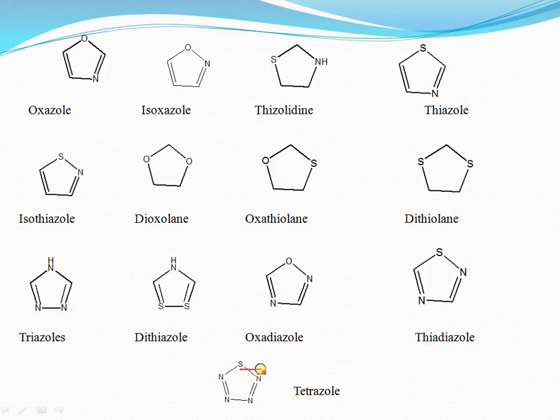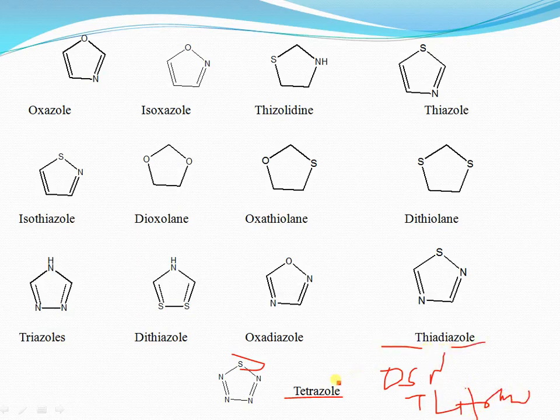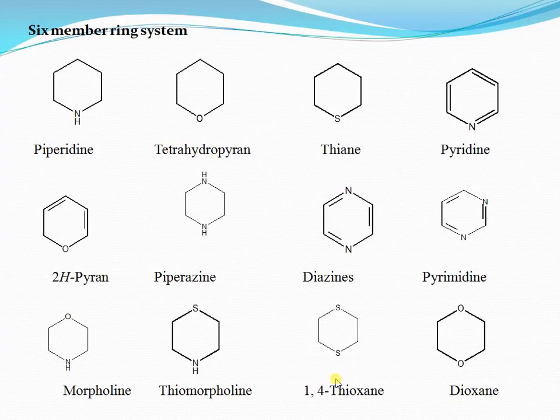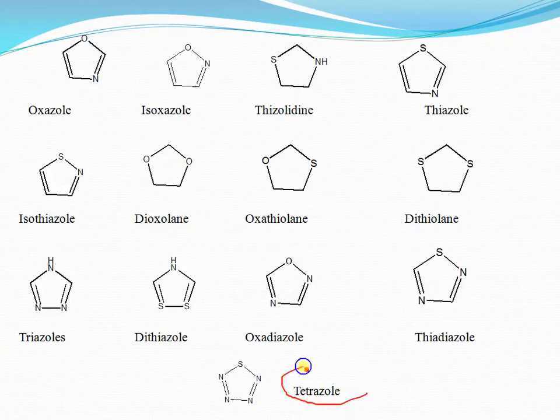If it is a sulfur, then it is tetra O S N. So thia, like diazole, thiatetrazole, like this. So it is written wrongly. Tetrazole means here is the carbon, but if the carbon is replaced with sulfur, it is like this, thiatetrazole, isn't it?